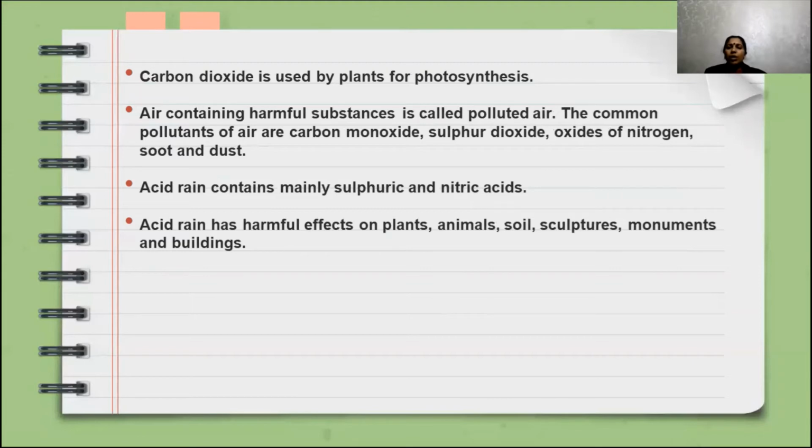Carbon dioxide is very important for the process of photosynthesis, that means plants making their food. So carbon dioxide is necessary for that. Then, we know that after all the constituents, air also contains harmful substances. Those harmful substances always pollute the air.